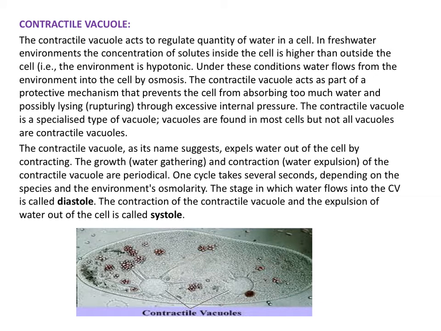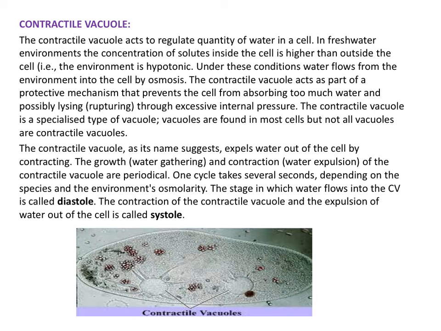Contractile vacuole. This is an excretory organ in protozoa such as amoeba. The contractile vacuole acts to regulate the quantity of water in a cell. In freshwater environments, the concentration of solids inside the cell is higher than that outside the cell. That is to say that the environment is hypotonic, while inside the cell of the organism is hypertonic.